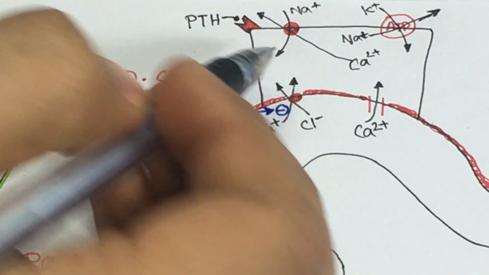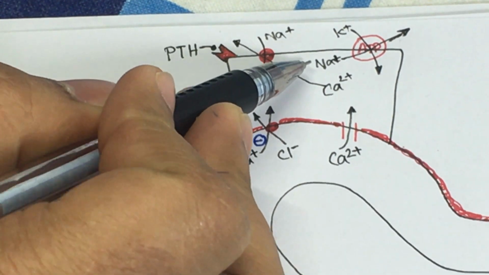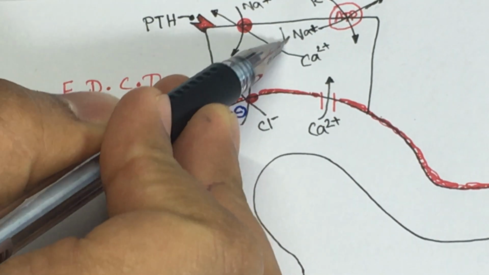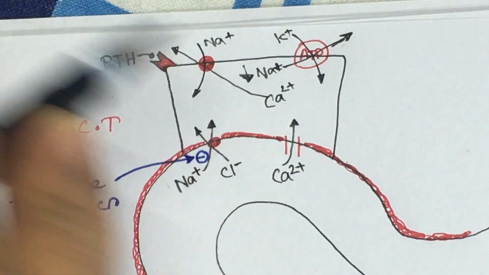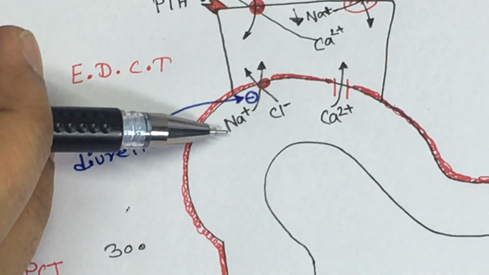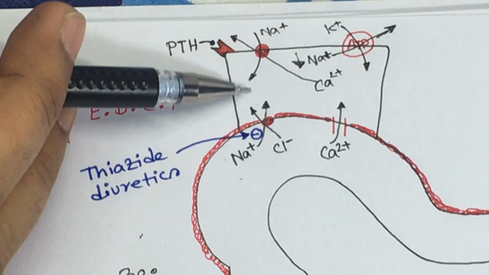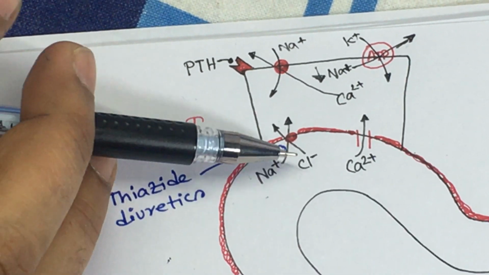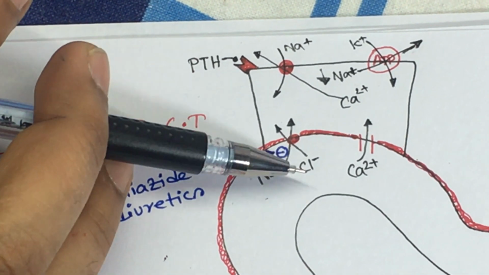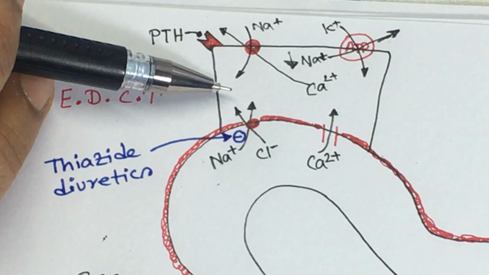We already know the function of the sodium potassium ATPase is to decrease the intracellular sodium. So sodium will come from the luminal area to inside of the cell, and chloride also comes from the luminal area to inside of the cell.